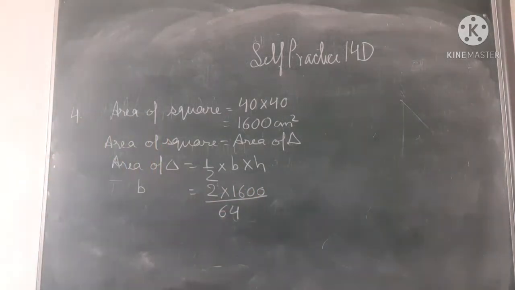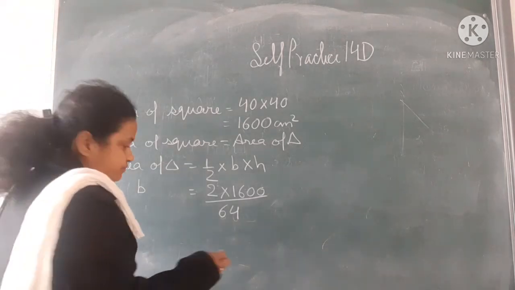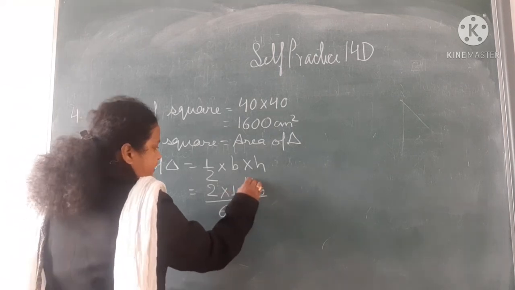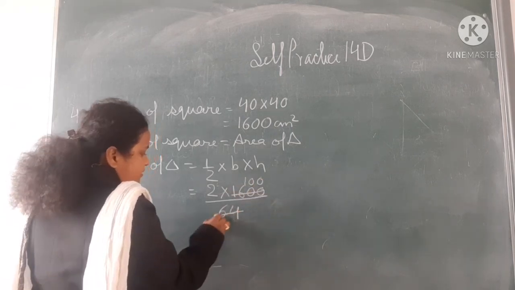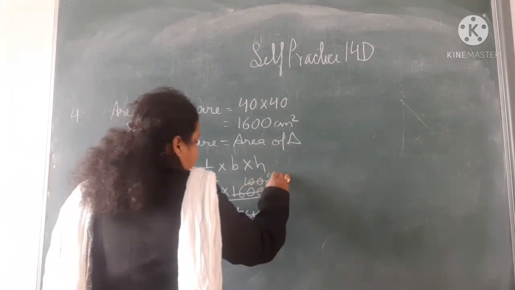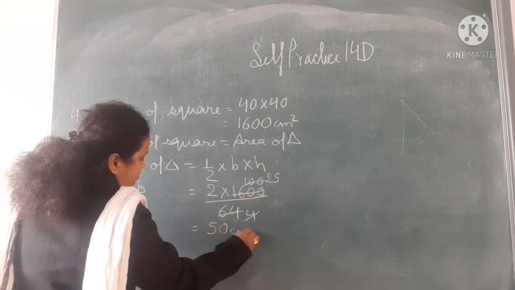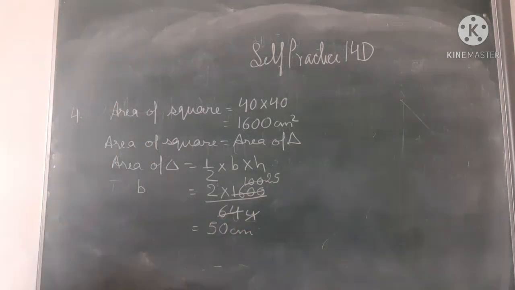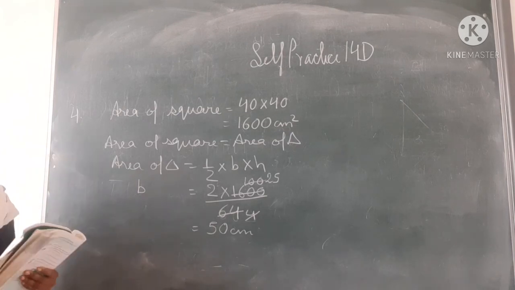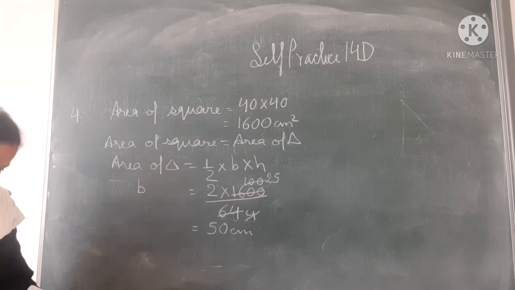Okay, 2 into 1600 upon 64. Now 1600 by 64: 16 fours are 4, 25 twos are 50 centimeter. So what is one side of the triangle? That is 50 centimeter.